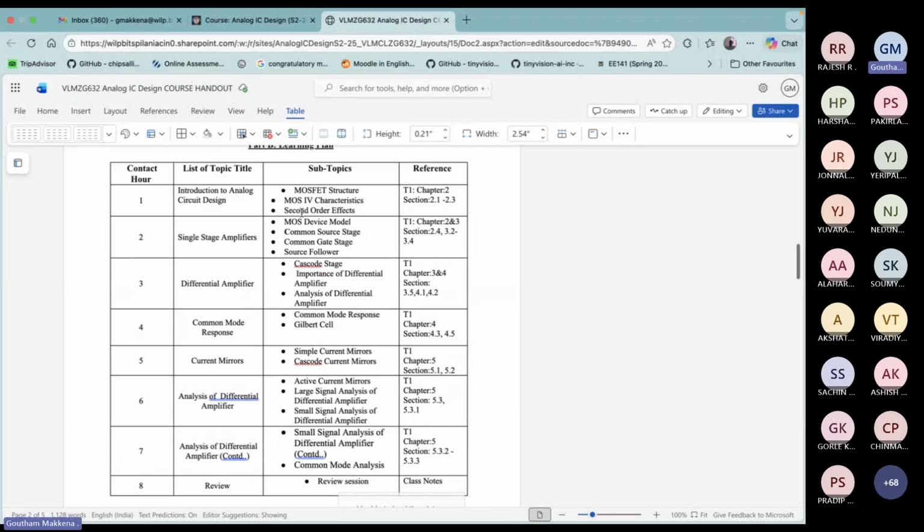But today, in the second half, like I said in the message yesterday, we will concentrate on LTspice so that you can perform experiments or simulations at your end for better understanding. Then we start with single stage amplifiers, differential amplifiers, and current mirrors.